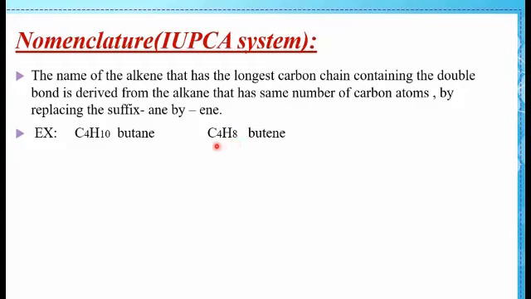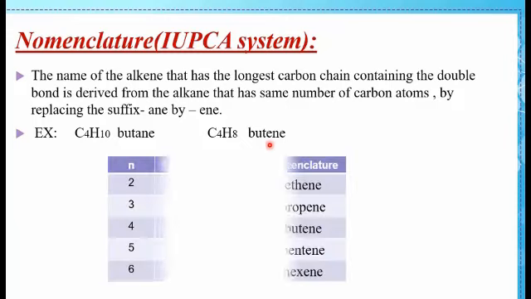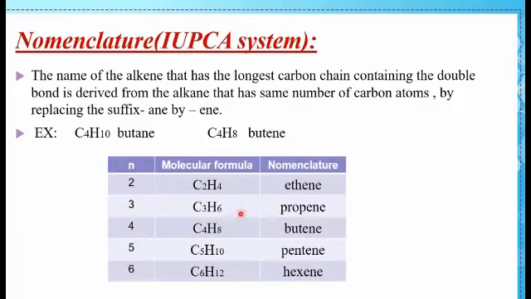So this molecular formula obeys the general formula CnH2n, 2 times 4 equals 8. So it is an alkene, and the suffix of the nomenclature is "ene". And the table represents the nomenclature of the alkenes.